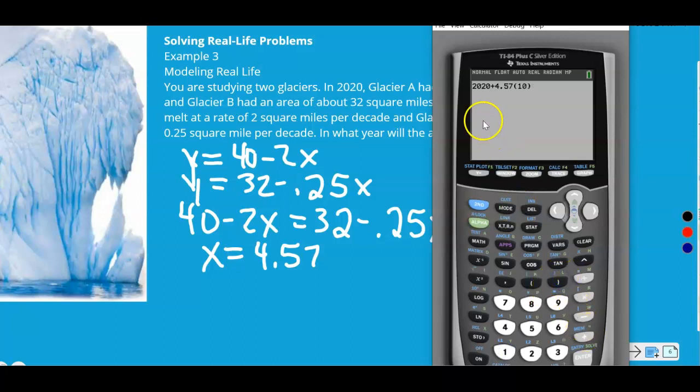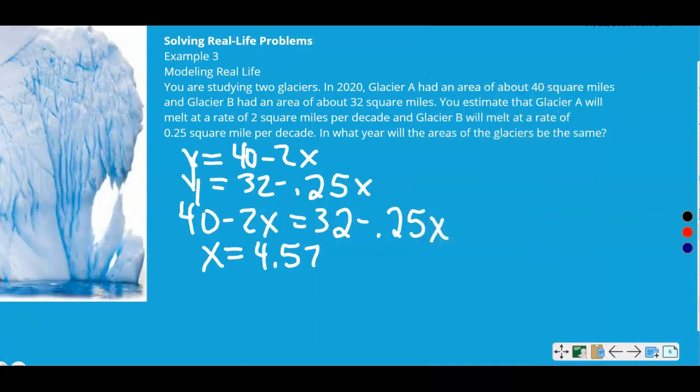So that's the starting year plus 4.57 times 10, our decades. That is going to be 65.7, which would round up to about the year 2066. So in the year 2066, you would say that the area of the glaciers will be about the same.